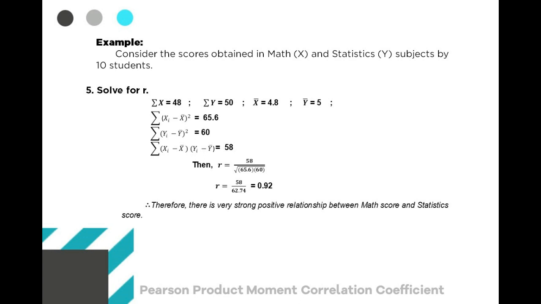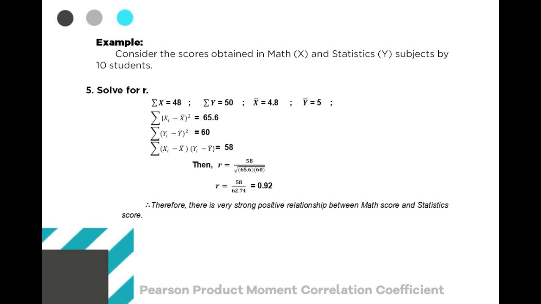Then we get the summation of x sub i minus x mean squared, which is equal to 65.6, the summation of y sub i minus y mean squared is equal to 60, and the summation of x sub i minus x mean times y sub i minus y mean is 58.